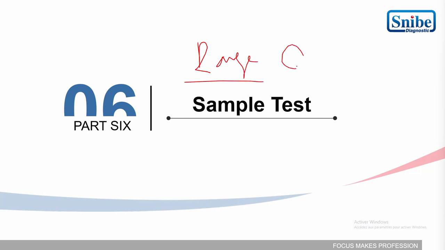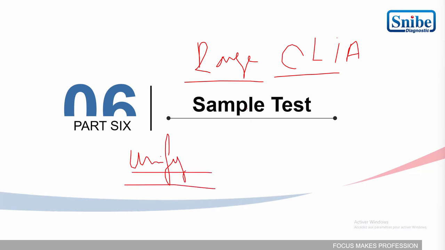So one limitation of the CLIA technique is that we cannot unify the range and the results of different manufacturers. For the same parameter, you find that, for example, for the first manufacturer, the normal value is between 20 and 35.